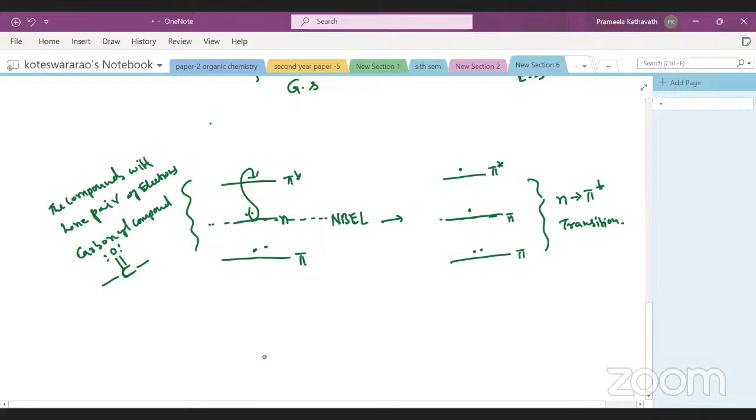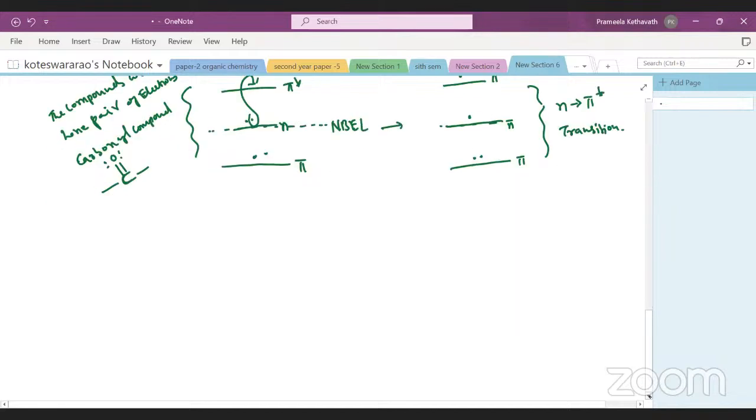Generally we see this kind, but whenever we discuss electron transitions theoretically, suppose a molecule has sigma bond electrons, pi bond electrons, and the anti-bonding orbitals are sigma star and pi star, and also a non-bonding energy level with non-bonded electrons.